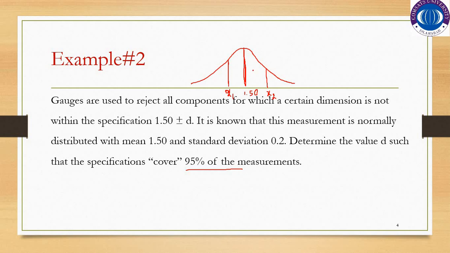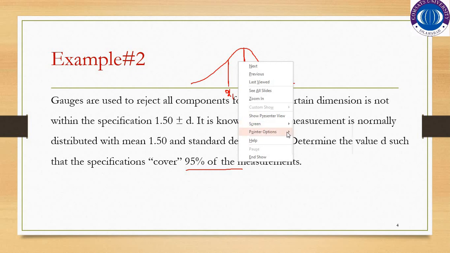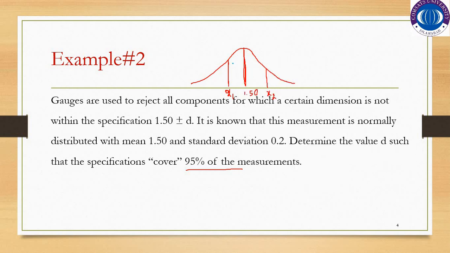So it means this area is 95%, or you can say this is 0.95 probability. This is the total probability between these two points, or the area between x1 and x2. So you have to find this value d, which is still unknown.